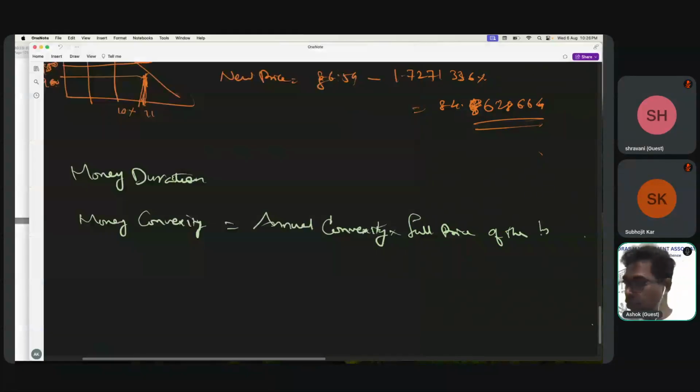Bond position. Bond position means whatever number of bonds you have, portfolio's value, assuming your portfolio has only bond.